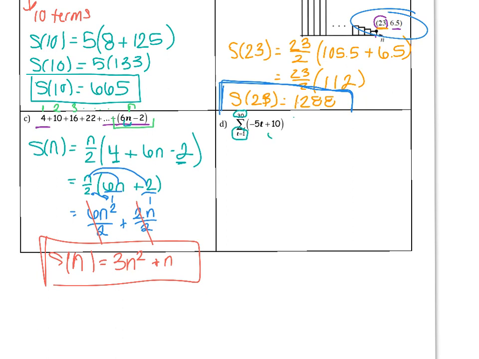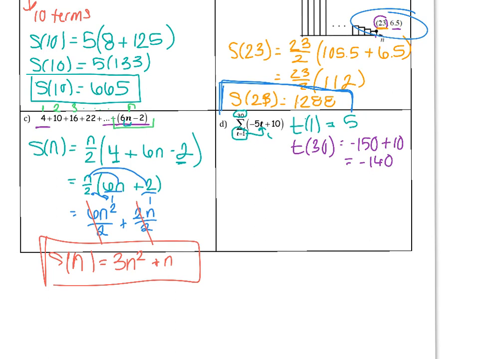So t of 1, if I'm plugging 1 in, that would be negative 5 times 1, so negative 5 plus 10 is positive 5. And then since I know there's 30 terms, I want to find the value of that 30th. So negative 5 times 30 would be negative 150 plus 10. So this last term is actually negative 140.